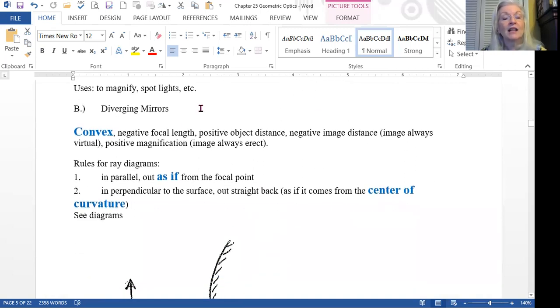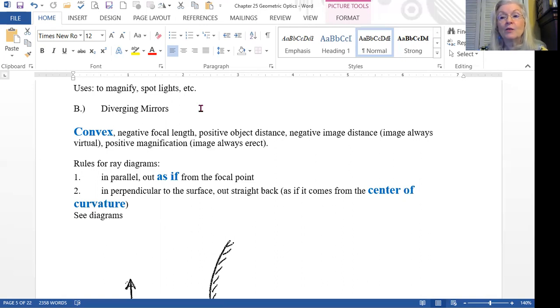A diverging mirror is a mirror that spreads light out. Converging mirrors bring it to a focus. Diverging mirrors spread it out. So a diverging mirror is a convex mirror. Thinking back to that gazing ball, if you leave the ball intact, a mirrored ball, if you look at yourself on the outside of it, that's a diverging mirror.